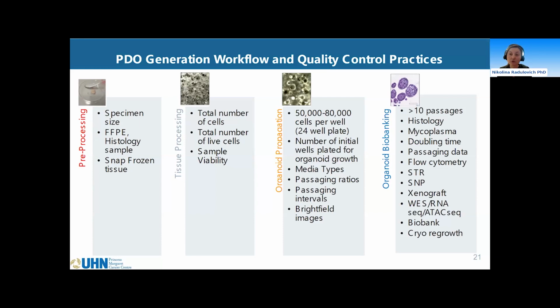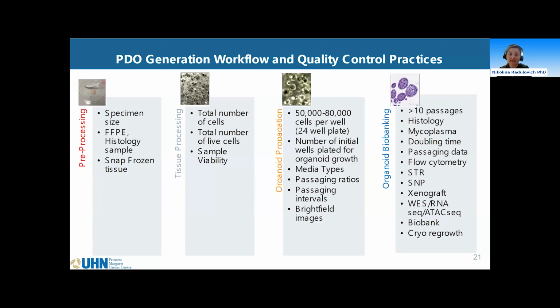And very often we use multiple medias for the same tissue type. So for example, for growing colorectal organoids, we don't have a single media. We initially start with 6 different medias, and then we pick the media that the model grows in the best. All our passaging ratios are recorded, how often we passage. We also take images along the way.